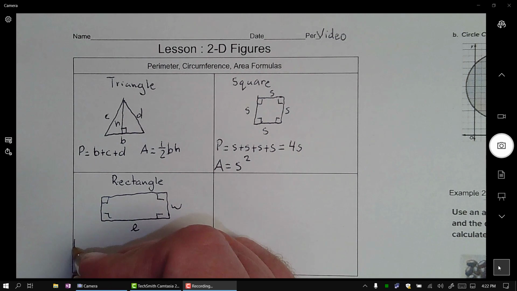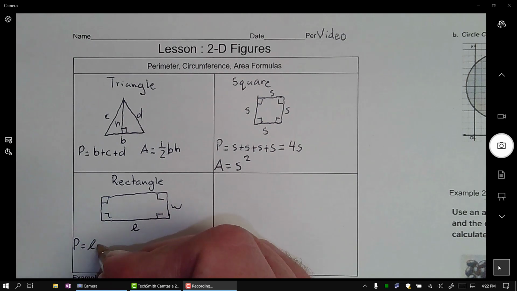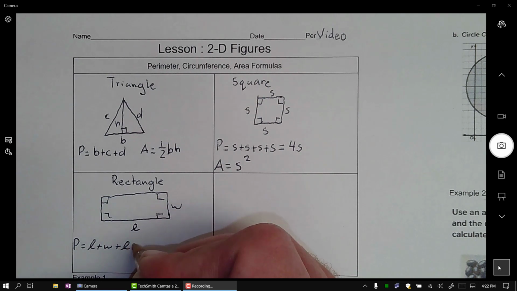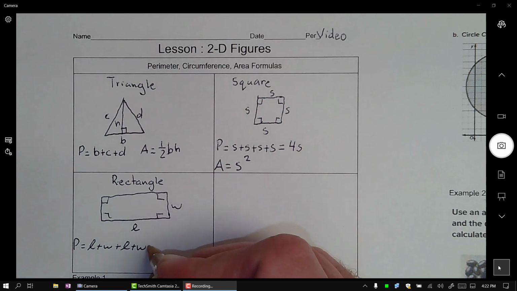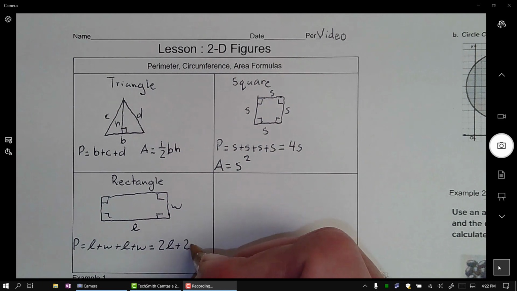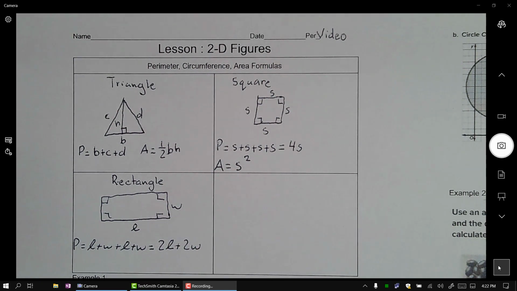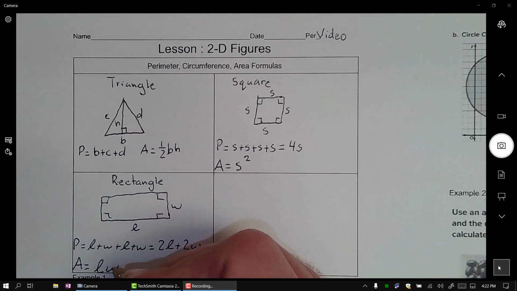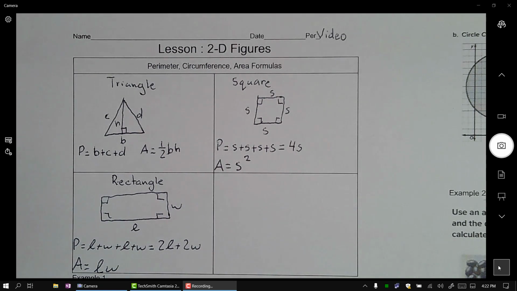So the perimeter is length plus width, length plus width, or we can say 2 length plus 2 width. Our area formula is length times width. And those are our formulas for the rectangle.